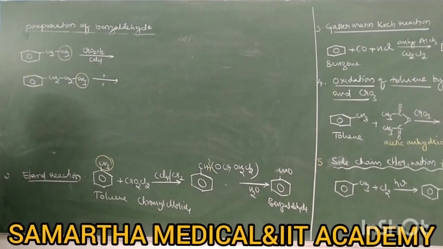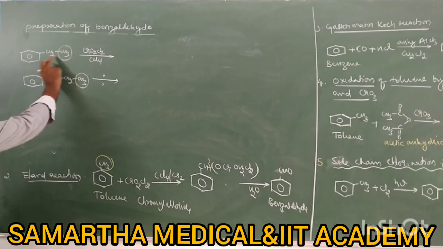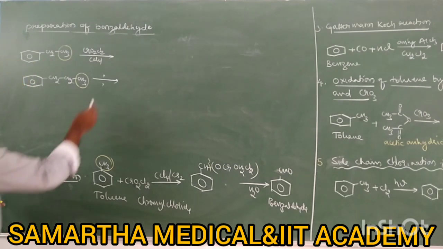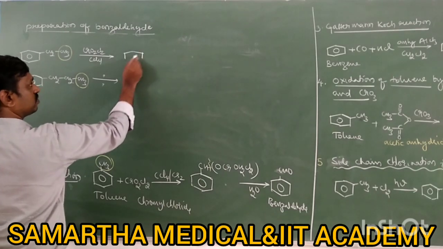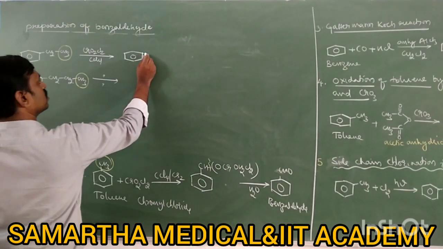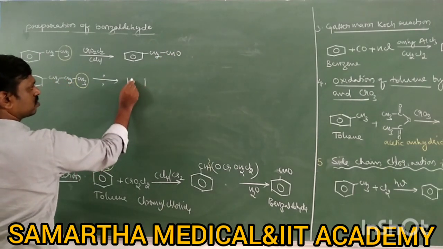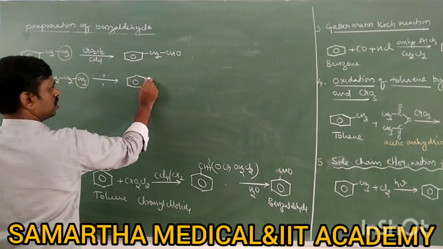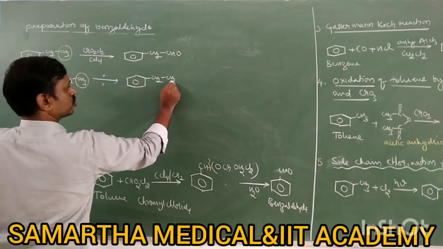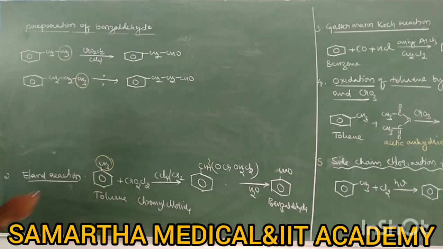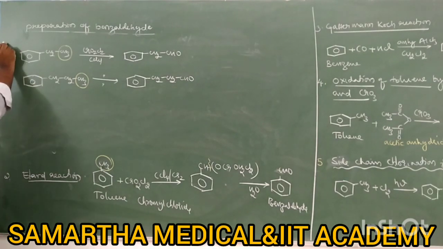It means the terminal methyl group gets converted into an aldehyde group, but not the whole group. So the product is CH2CHO in this case, and CH2CH2CHO in the other. So this is one important note for the Etard reaction.